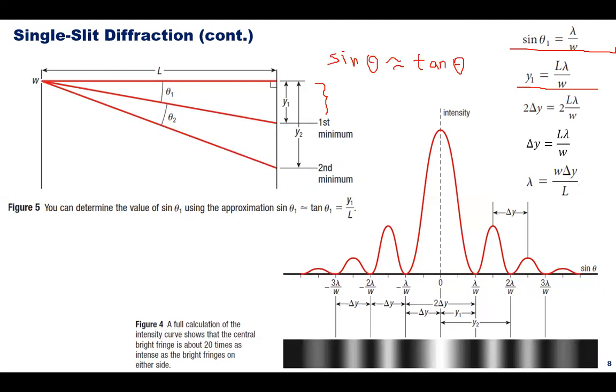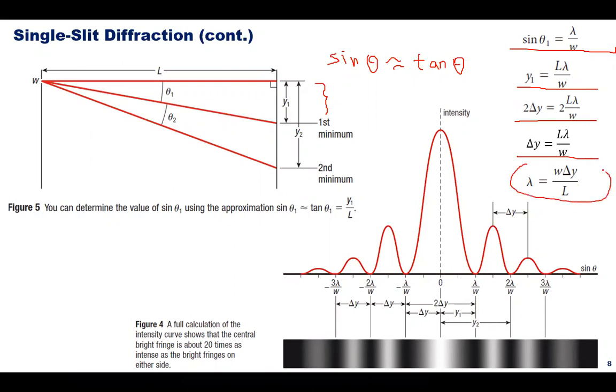The width of the central maximum is the distance between the first minima, or 2 times y1, or 2 delta y. 2 delta y is then 2 times L lambda over W. Then we have delta y is L lambda over W. The separation of the central maximum from the first minimum is half of this, or just y1, which gives us the wavelength.